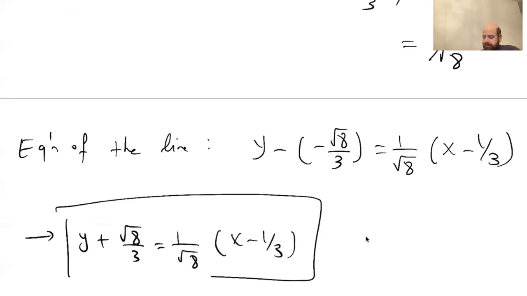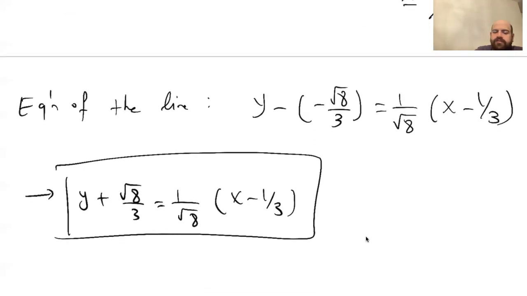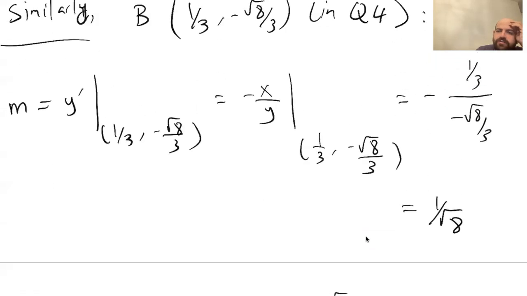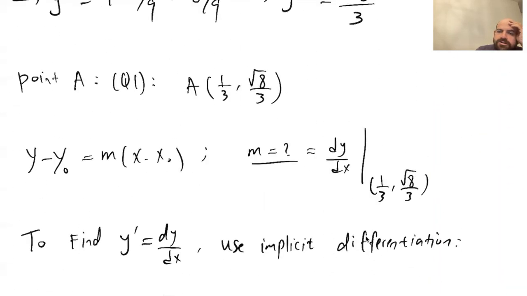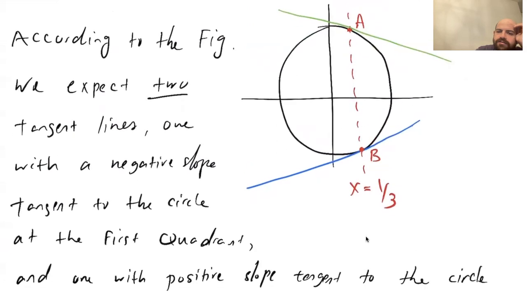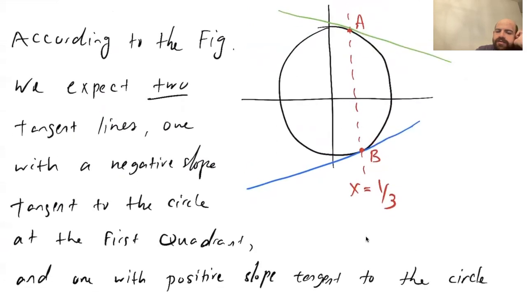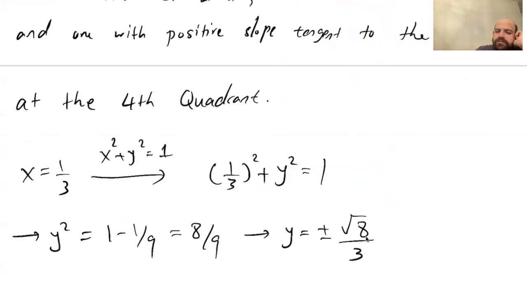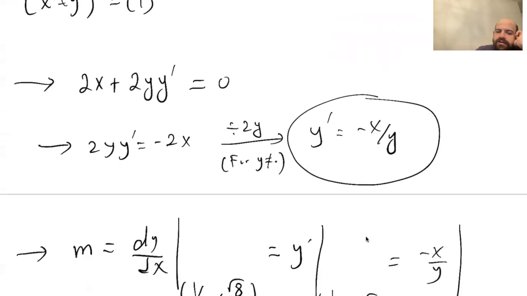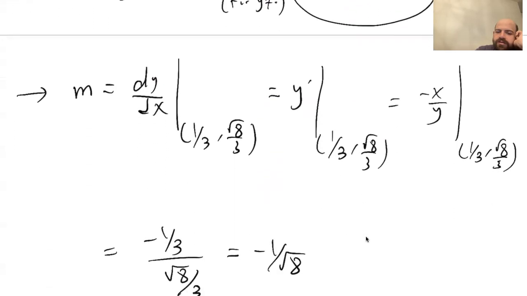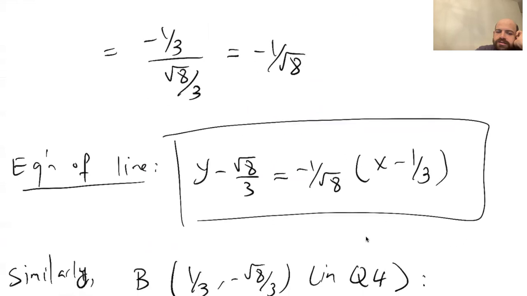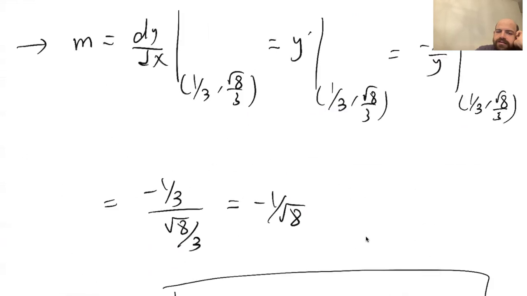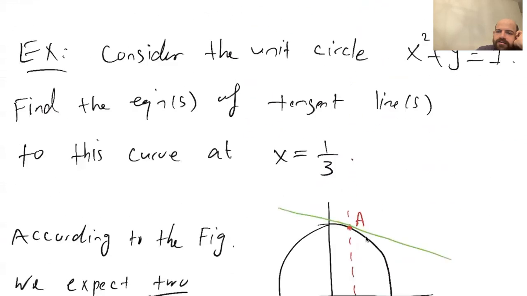So this is consistent with our expectation. This is the line tangent to the graph in quadrant 4, which has a positive slope, as the picture suggested earlier. The line tangent to the graph at quadrant 2, which is this green line here, has a negative slope.